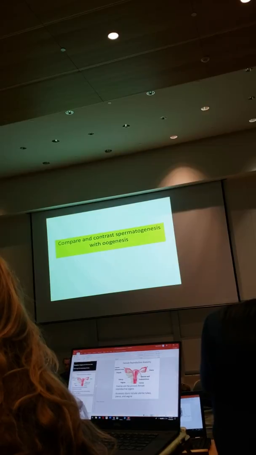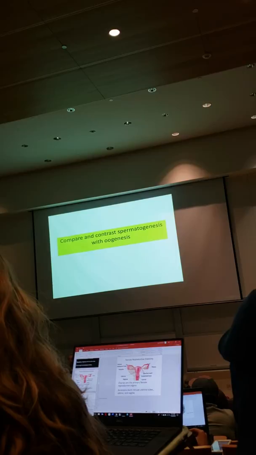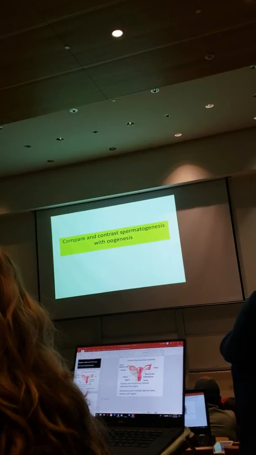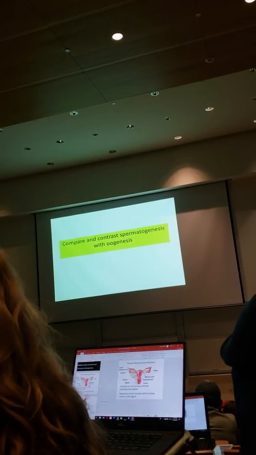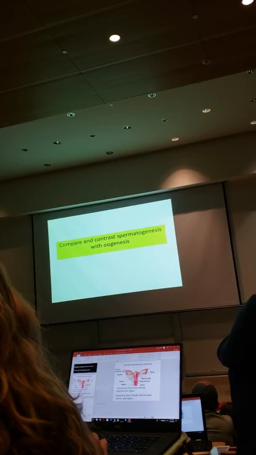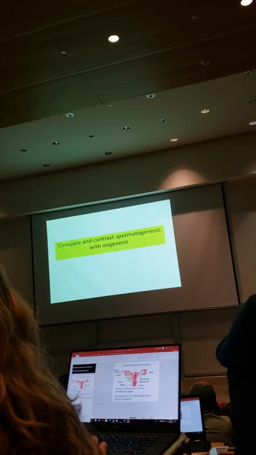How are they similar? Formation of sperm, formation of oocyte or eggs. What do we have similar in this process? Anyone want to suggest? Nicole. Both reach haploidy, right? So we have a process called meiosis, a unique process that only spermatogonia, primary spermatocytes undergo. The same thing goes for primary oocytes.